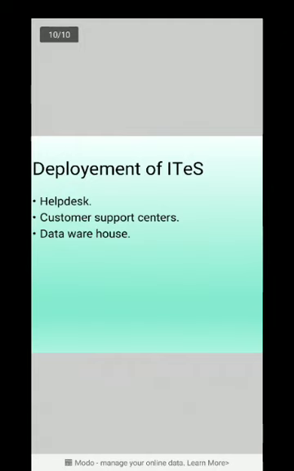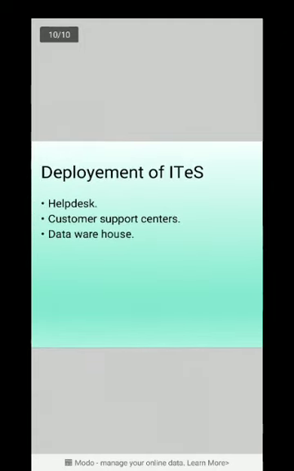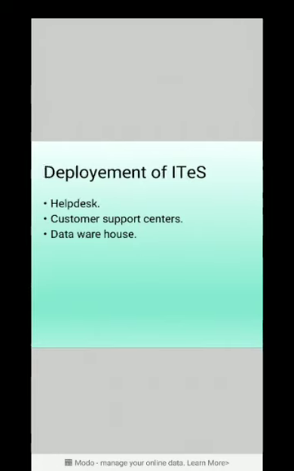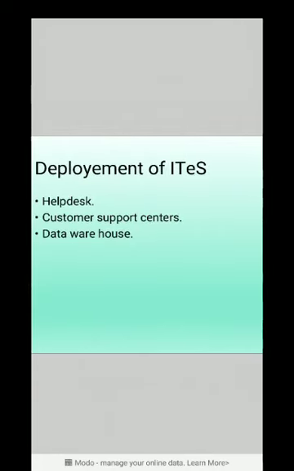This is where we deploy information technology enabled services. And the third one is data warehouse. This is the place where we store the large data of the customers. And in the data warehouse, we also deploy information technology enabled services.